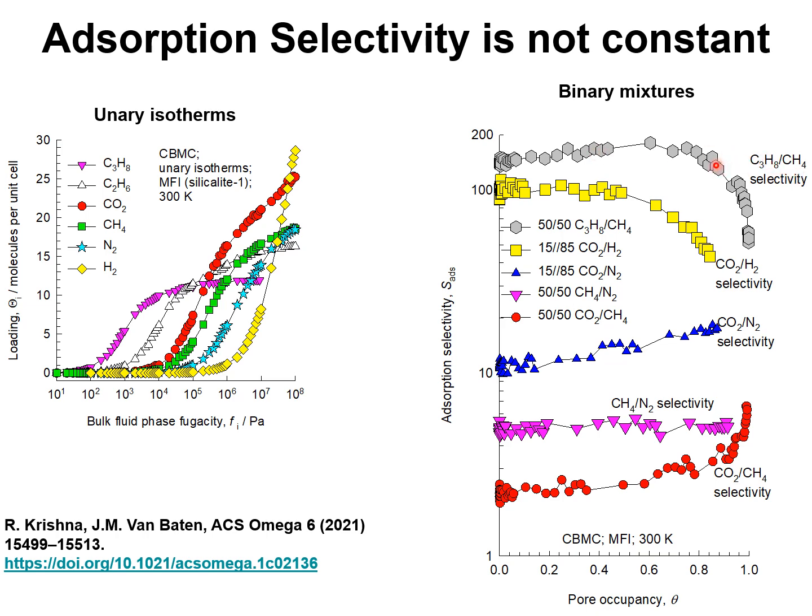However, with increased pore occupancies, the selectivity reduces from, say, a value about 150 to a value about 80, because with increased pore occupancies, the vacant spaces are more easily occupied by the smaller guest, which is methane in this case. The same is true for CO2 hydrogen mixtures.